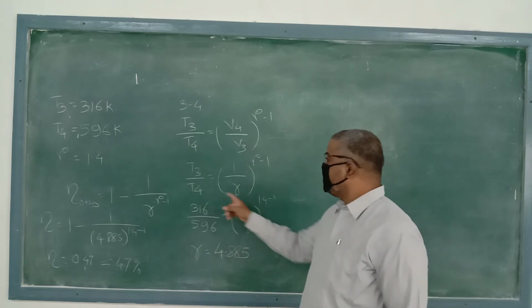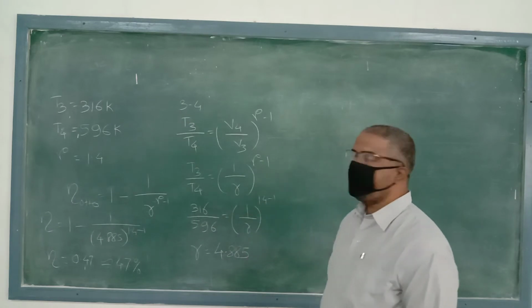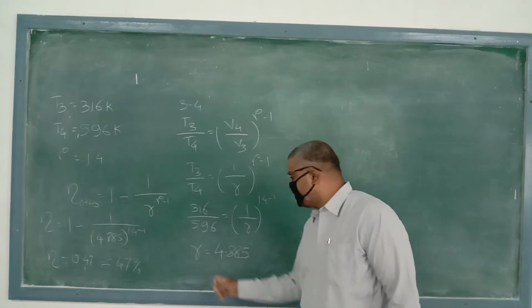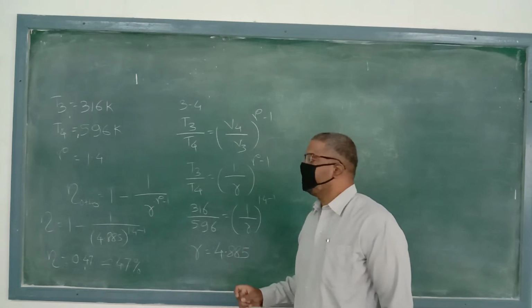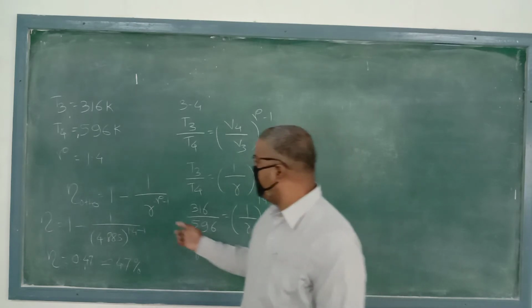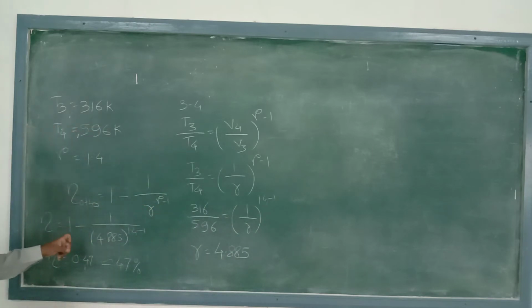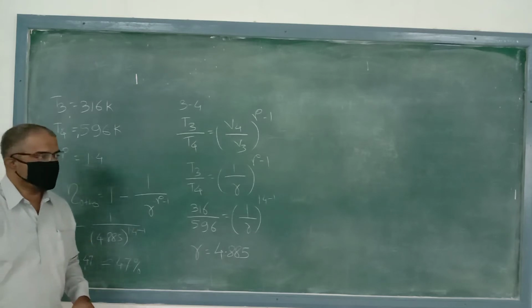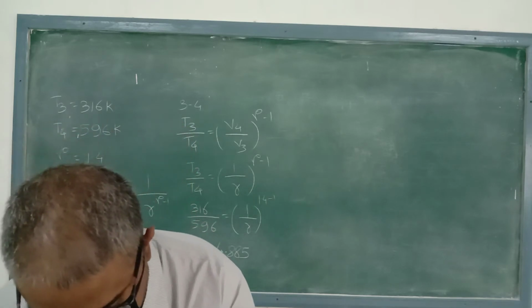Substituting the values of T3, T4 and gamma, we got r equal to 4.885. Now you can substitute in the formula and you get the efficiency of the Otto cycle as 47%. So this is the first problem.